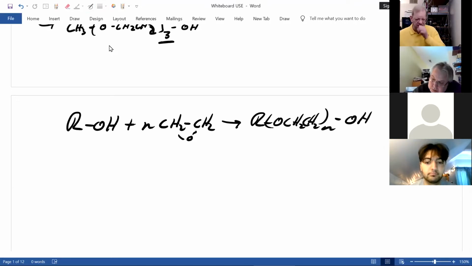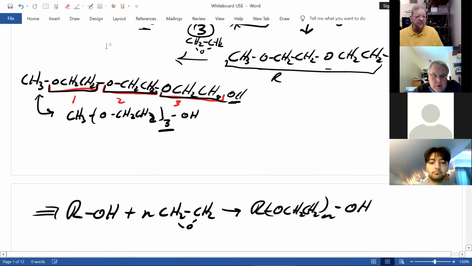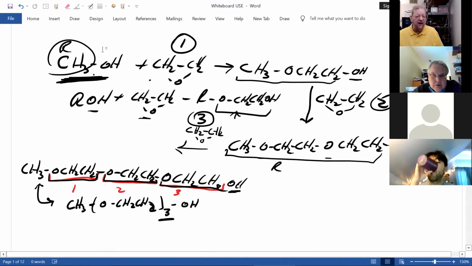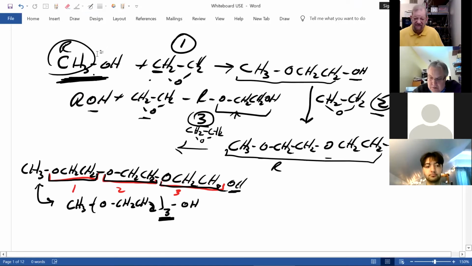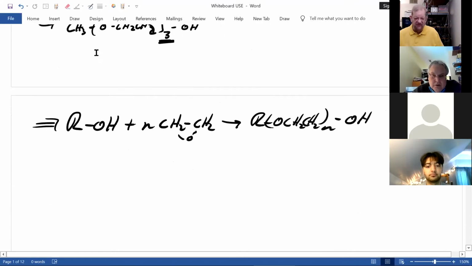And I showed this is true by this example where I added 3 of these, 1, 2, 3, and N here was 3. So the reaction, this is a good general reaction. So let's try one more.